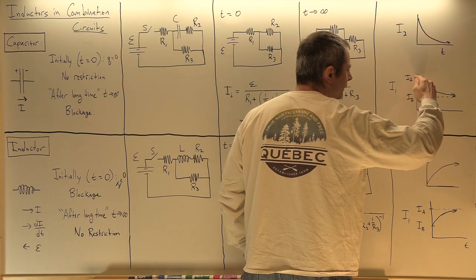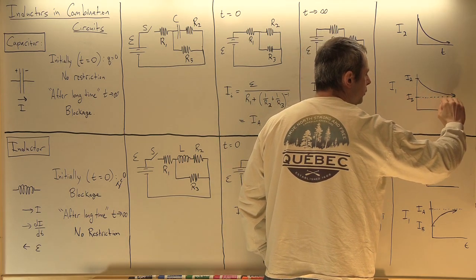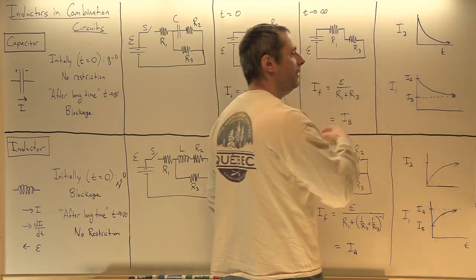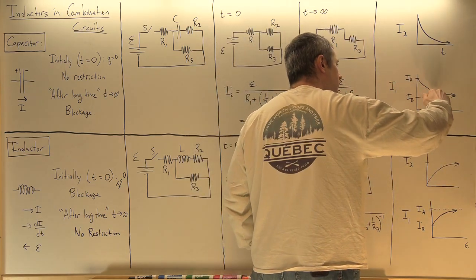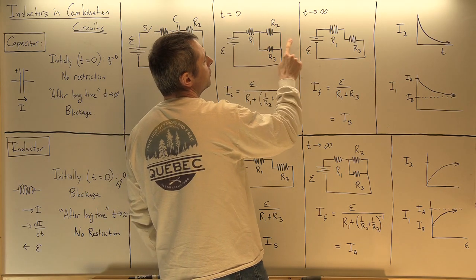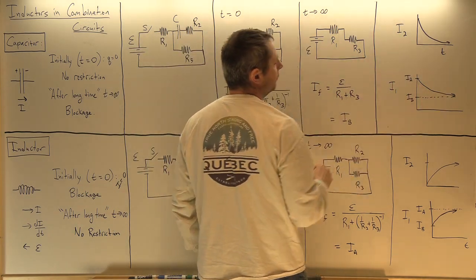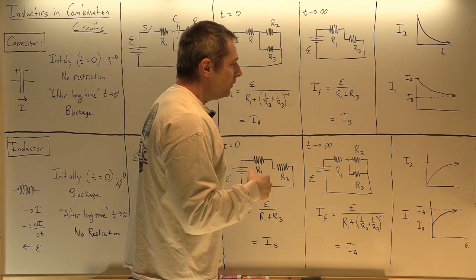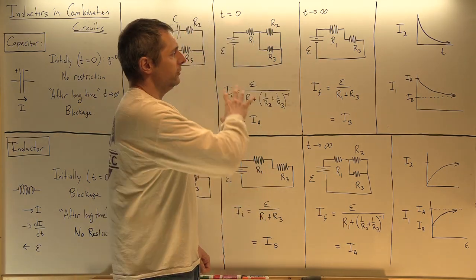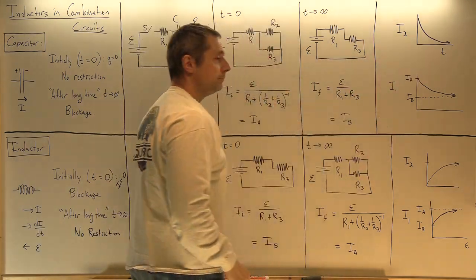So you would just show a decay asymptotically approaching current B. We have no information about this time axis because we don't have a formula, but we know conceptually that the current in this resistor will gradually get smaller and smaller and approach its final value like that. So let me create a pause to allow you to copy the rest of this analysis over here.